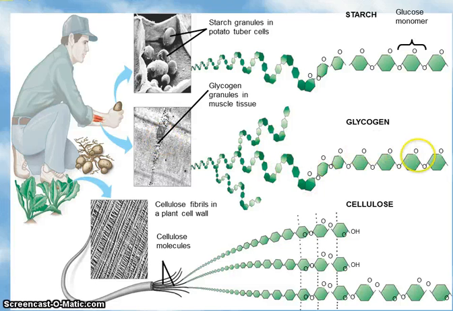Again, these alpha bonds that hold these together are things that our body can break down so we can digest this. But cellulose contains these beta bonds, which our body does not have the ability to digest. We typically find these in cell walls, in structures in plants and animals that our bodies can't digest.